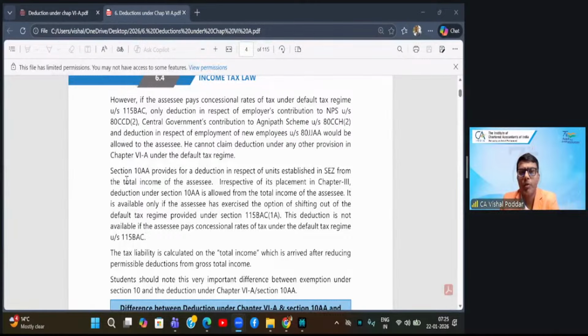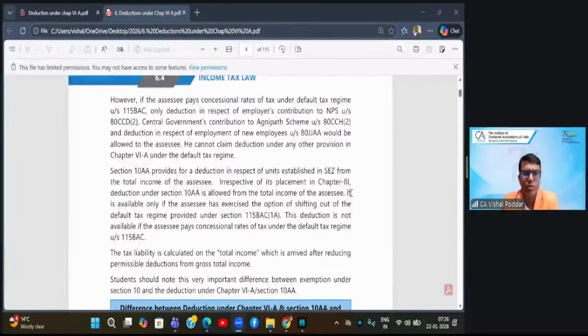Then about section 10AA. Section 10AA provides deduction with respect to incomes that you earn in SEZ, and this income should be out of exports. Now comes the important point: irrespective that section 10AA is put in chapter 3, deduction under 10AA is allowed from the total income of the assessee.